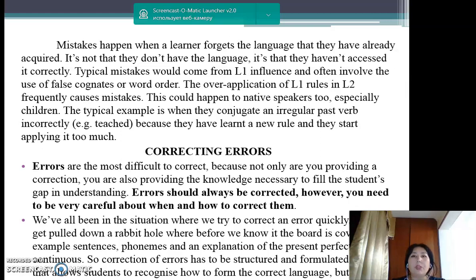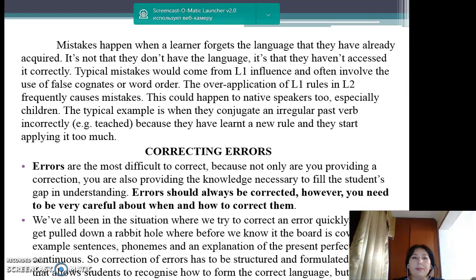The over-application of language one rules in language two frequently causes mistakes. This could happen to native speakers too, especially children. The typical example is when they conjugate an irregular past verb incorrectly, for example, "teached", because they have learned a new rule and they start applying it too much.